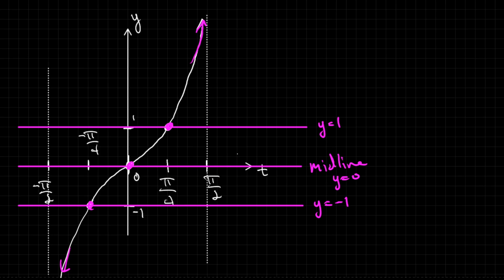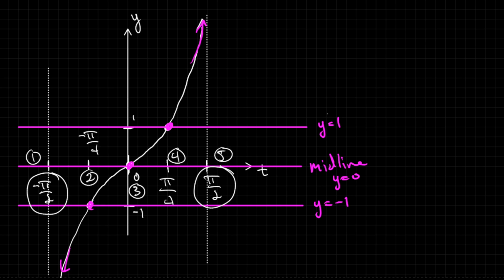And while we will do the averages part, the points that we're going to transform first are minus pi over 2 and pi over 2. So those will be our first and our fifth important t-coordinates, and the transformations of those will determine where the asymptotes are located. Then we'll find our third important t-coordinate and our second and fourth by taking averages.